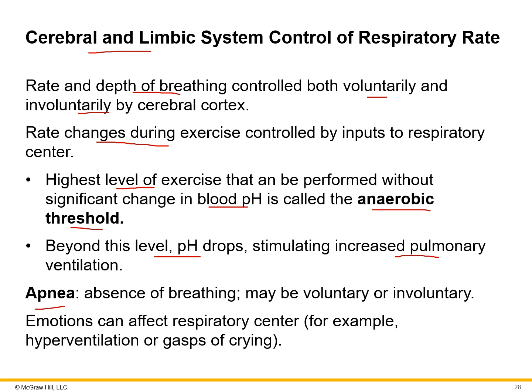And then we also have apnea. This is a common term we hear about, especially sleep apnea, and this is the absence of breath. Whenever somebody stops breathing, whether it's voluntary or involuntary, it is referred to as apnea. And emotions can also affect our respiratory rate. During crying or hyperventilation, or if someone's really excited, emotions, which are part of the limbic system, can also affect our respiratory rate.